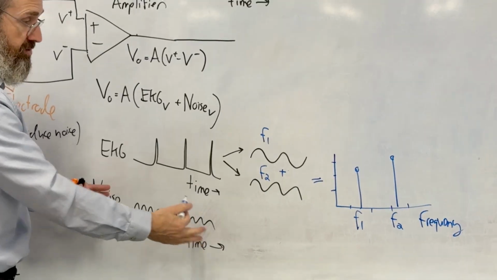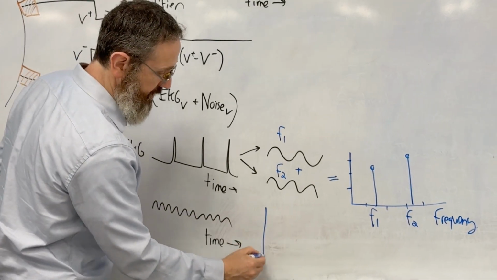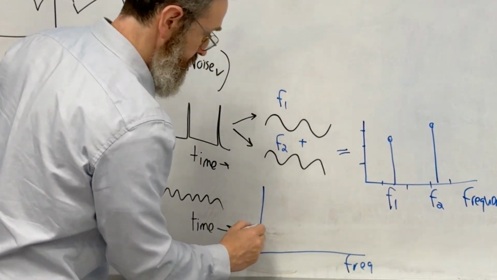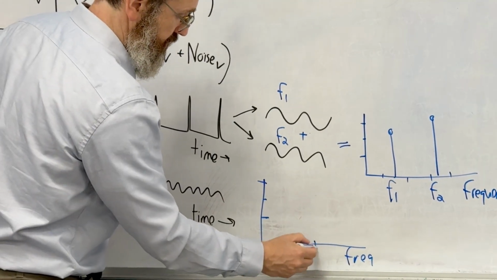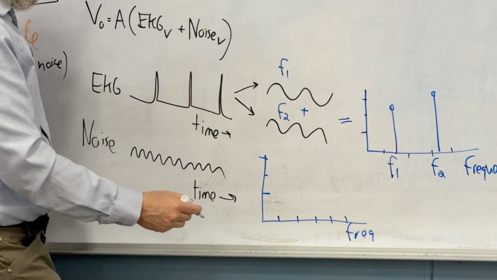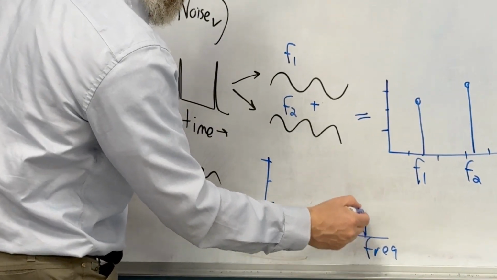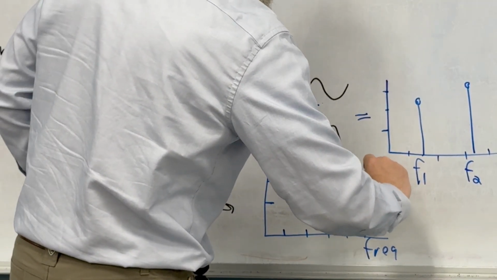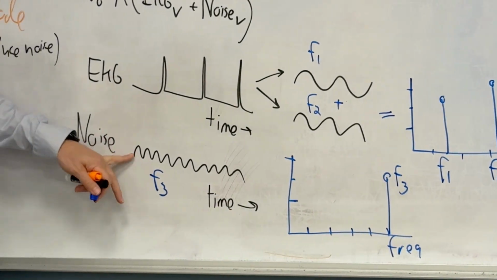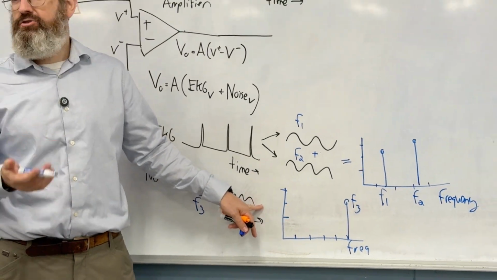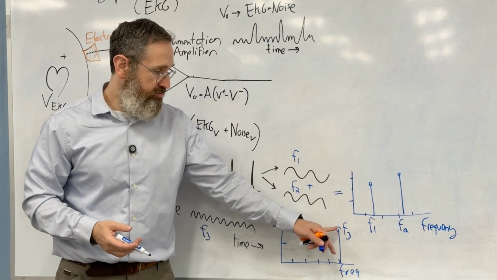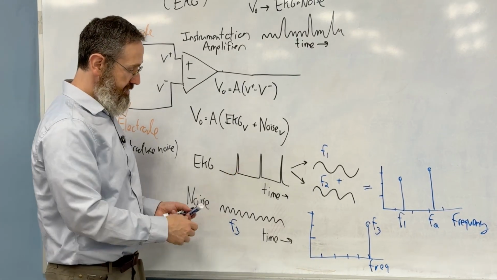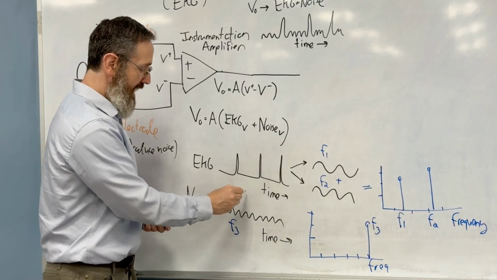Now, this noise also has a frequency domain representation, which I'll put right here, and again this axis is frequency. Because this is a higher wiggle, I'm going to put it out here, and we will call this frequency 3. A sinusoid is made out of one sinusoid, and therefore in the frequency domain it's represented by one chopstick. When you combine these in the time domain, they are added together.